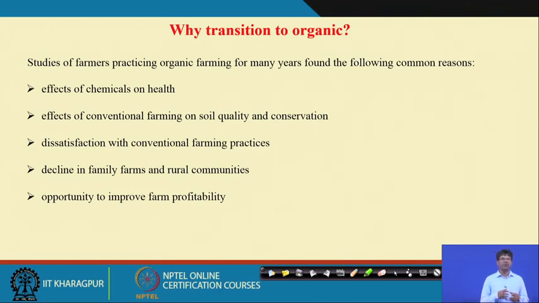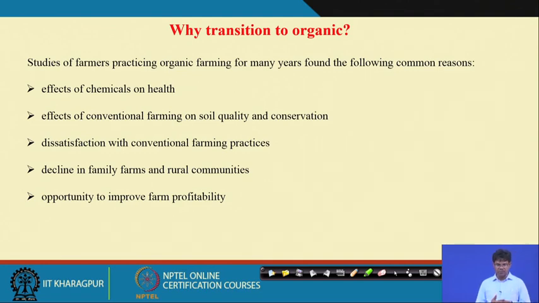As you see in European countries or Australia, there is a huge conversion from conventional farming to organic. In India there is a scope, an opportunity, and a proper market for organic farming, so farmers can convert to organic farming.